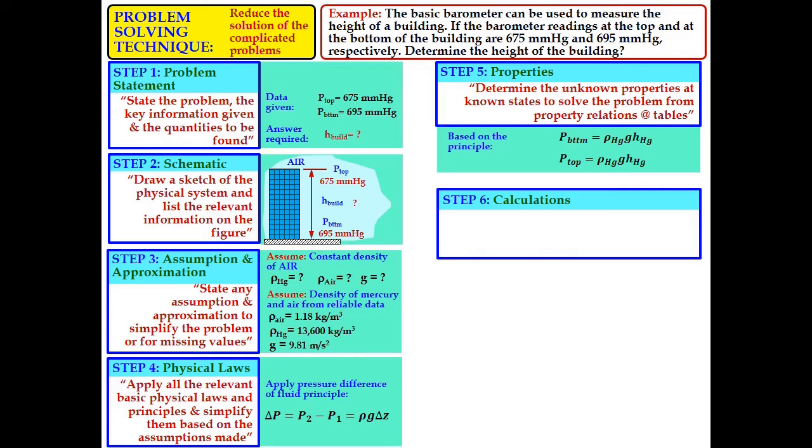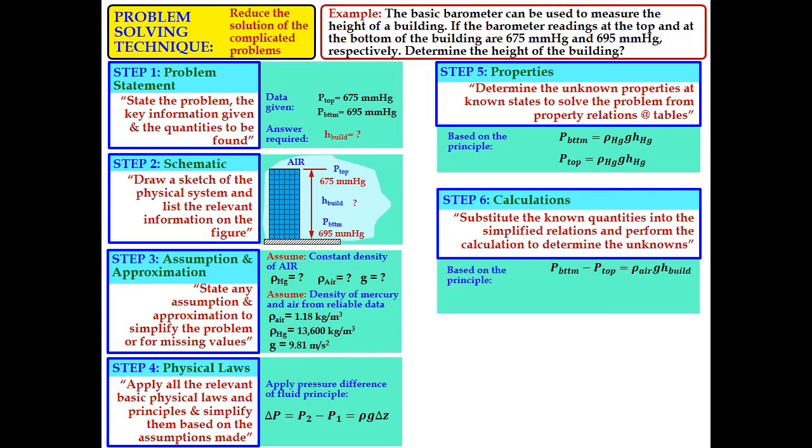After we identify the equation and the important properties, next step number 6 will be the calculation. Substitute the known quantities into the simplified relations and perform the calculation to determine the unknowns. For this case, based on the pressure difference principle, we have bottom pressure minus top pressure equal to rho air multiplied by g H building.